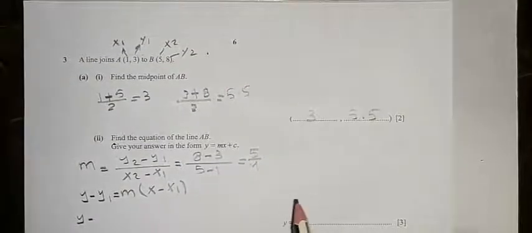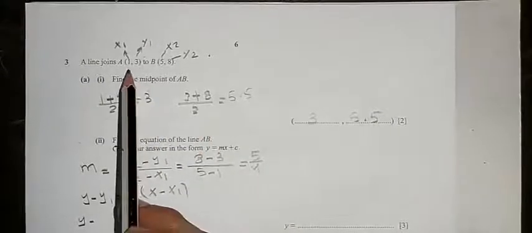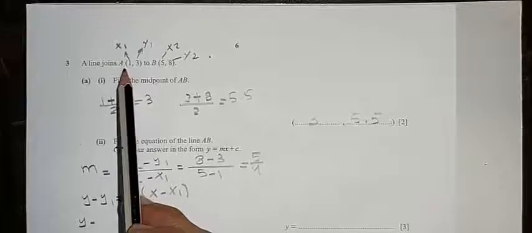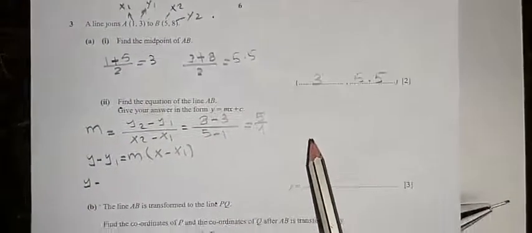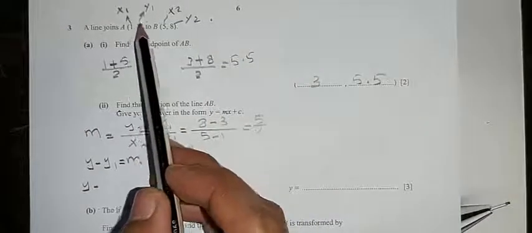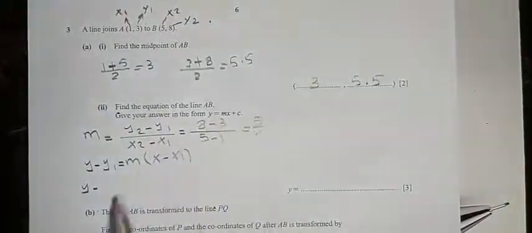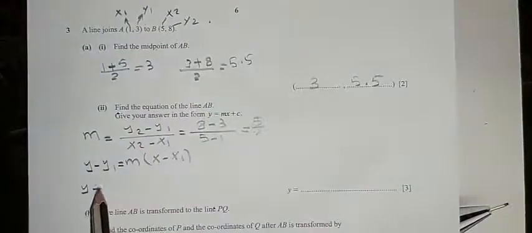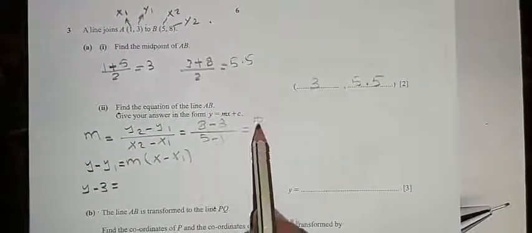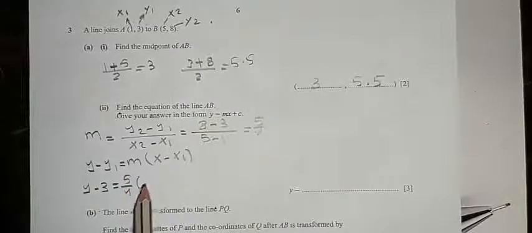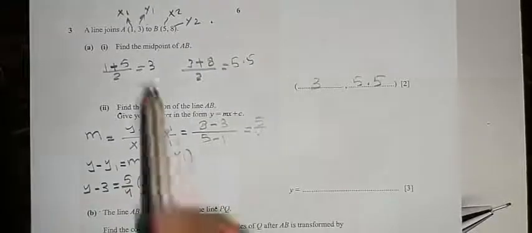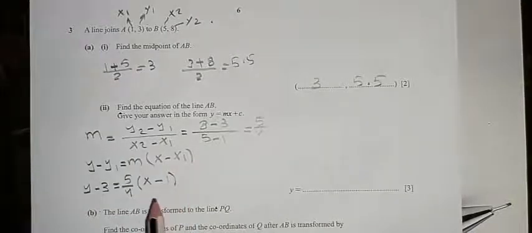If you have a point with negative coordinates, don't use it, use the easiest point for you. It's 1 and 3. This one is x1 and 3 is y1. Y minus y1, which is 3, equals m, 5 over 4, times x minus x1, which is 1.